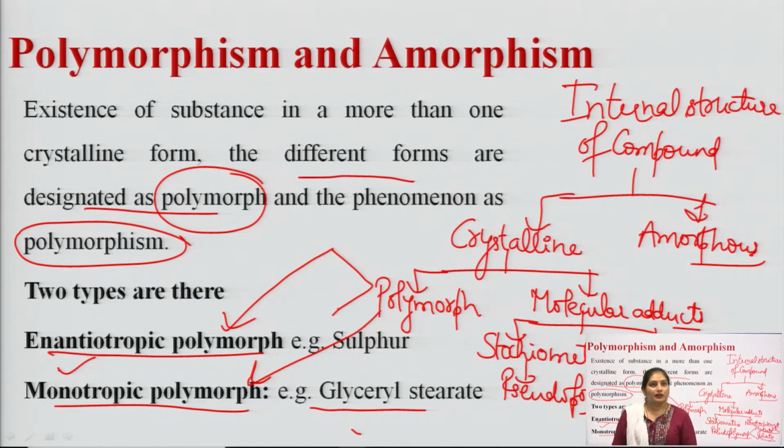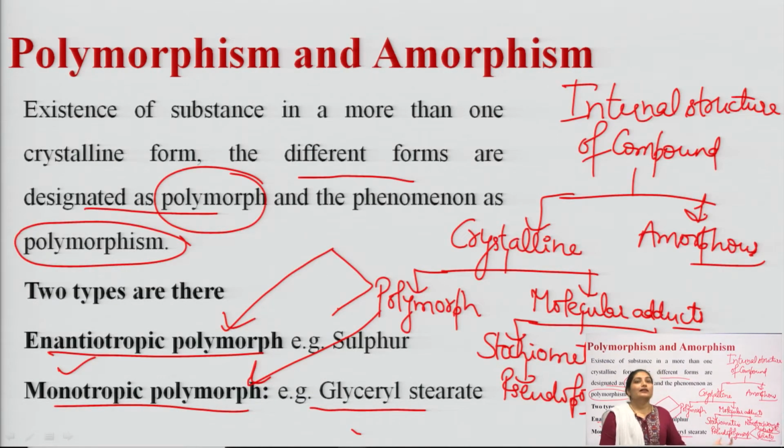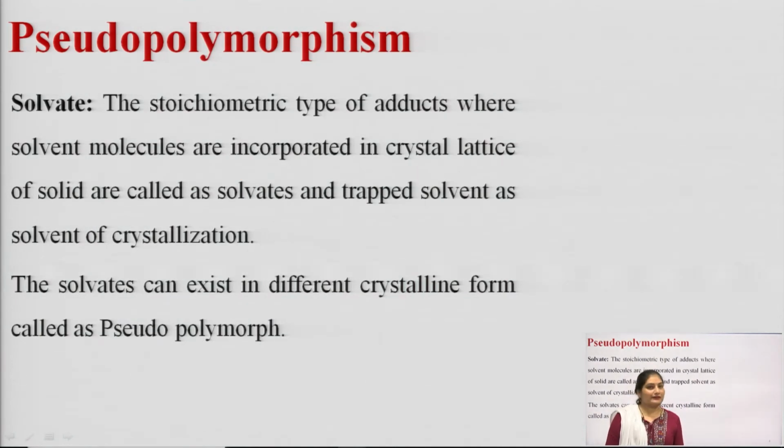Okay. Now, the next parameter is pseudo polymorphism. Okay. So, as I have told you in the previous slide, the molecular adducts are of two types. One is the stoichiometric adduct and the second one is the non-stoichiometric adduct. Okay. So, the stoichiometric type of adducts, where the solvent molecule is incorporated in the crystal lattice of the solid, is called solvates.